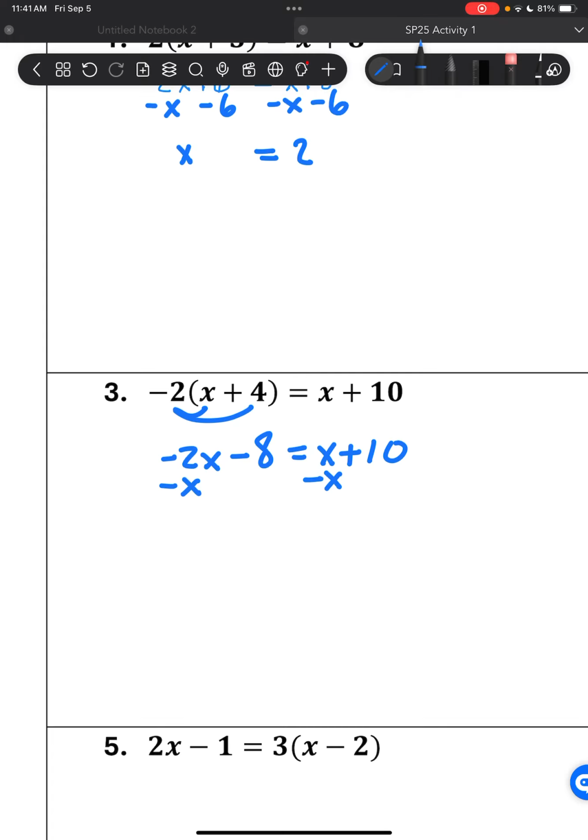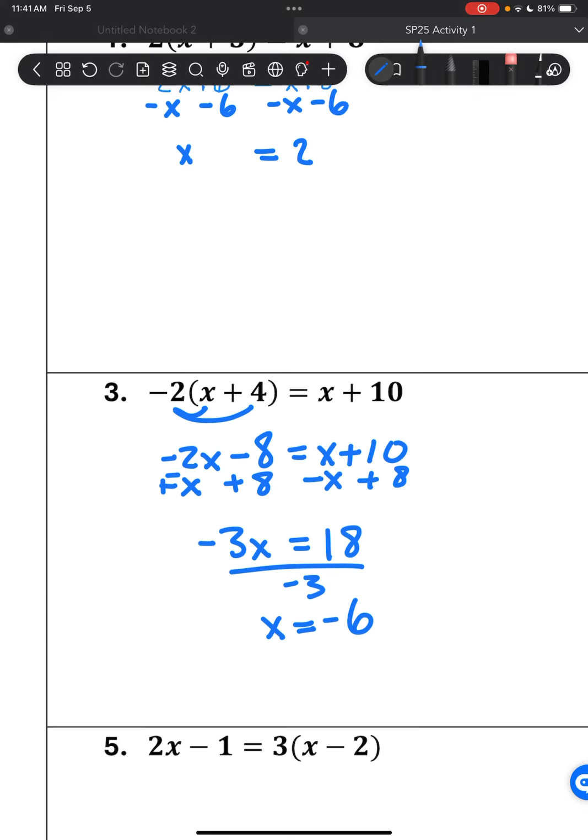When you subtract an x, you're actually just adding a negative x. So that's how we get negative 3x. Okay? Then we have our negative 8. Get rid of that. We're going to add 8 to both sides. That gets us our 18 over here. Then divided by negative 3. Let's get the x isolated. That gives us a negative 6.